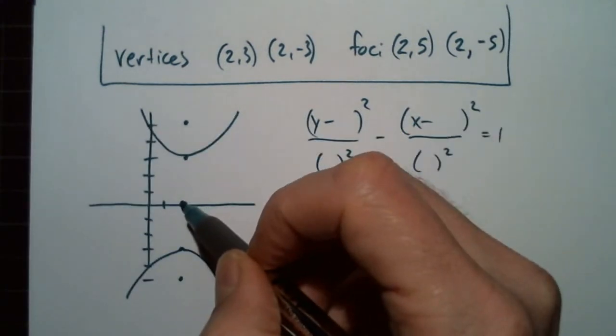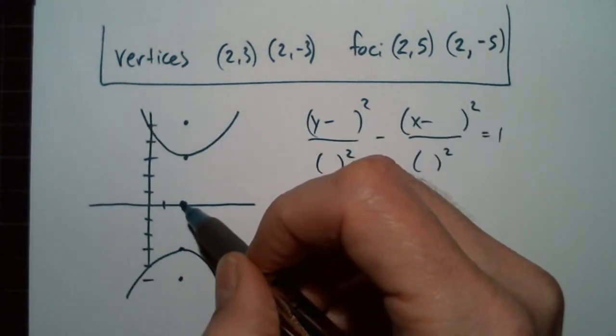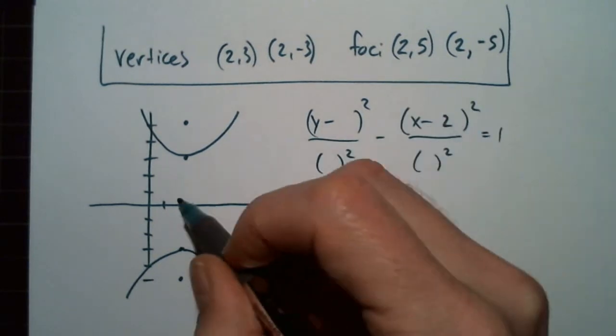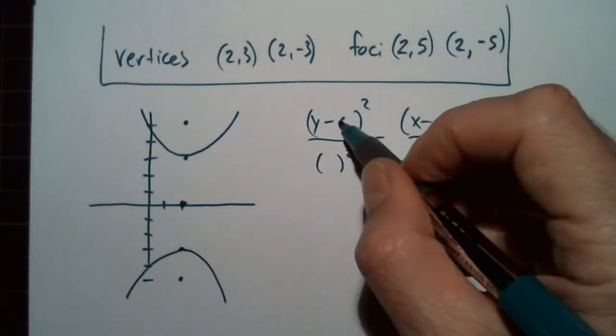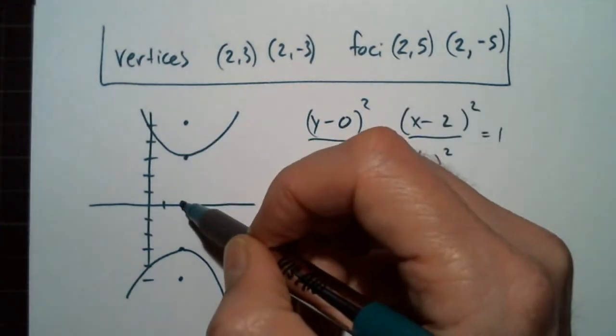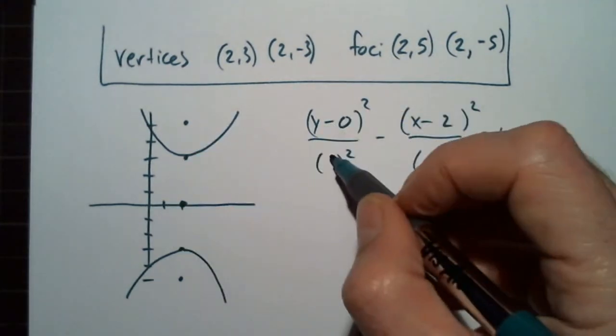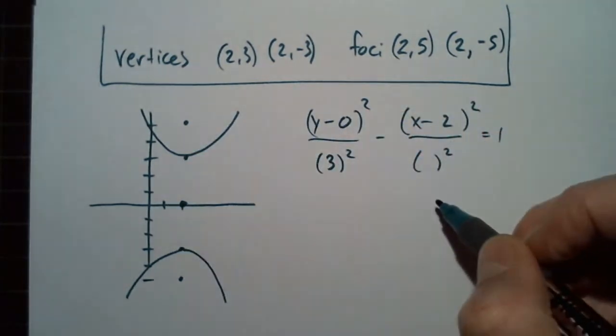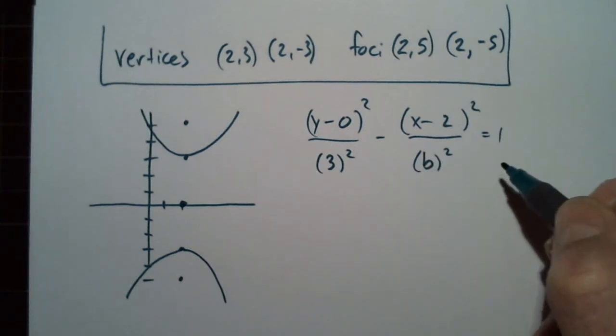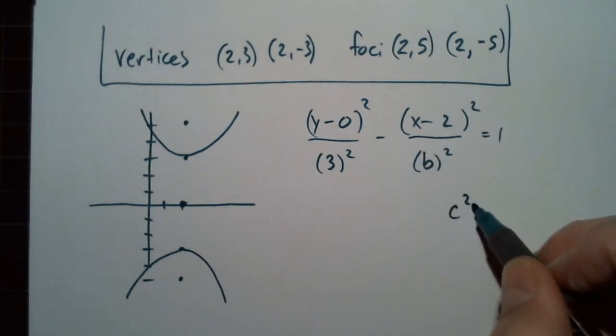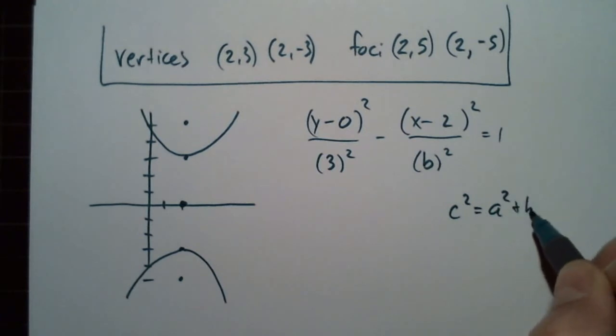We have a center with an x value of 2, so that'll be there, a y value of 0. The vertical distance is 3, so that'll be under the y. Horizontal distance we don't know. And c squared equals a squared plus b squared.